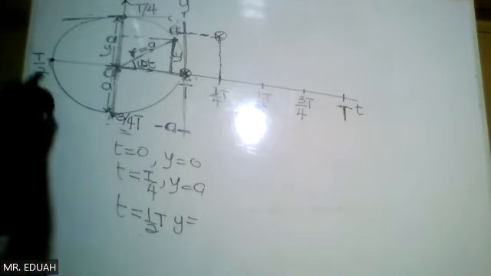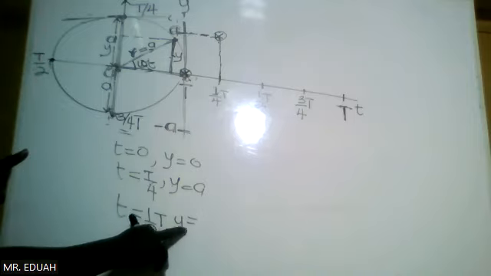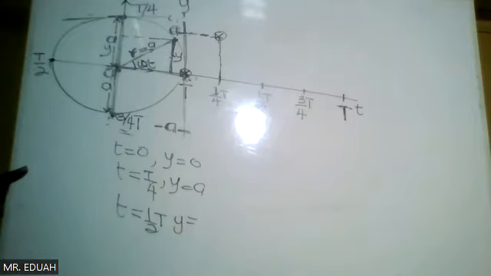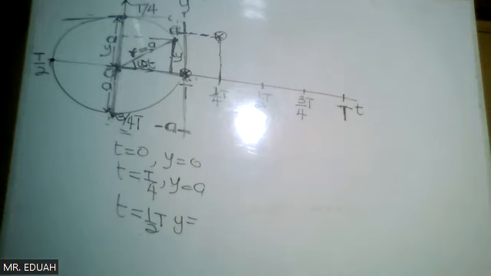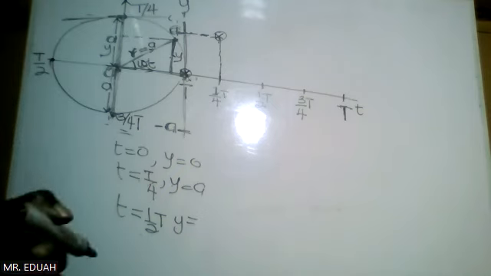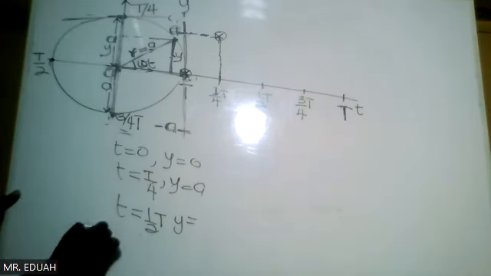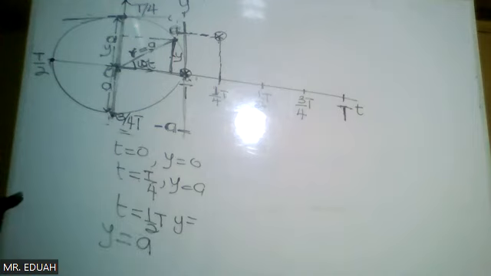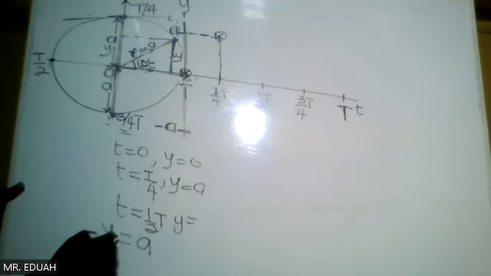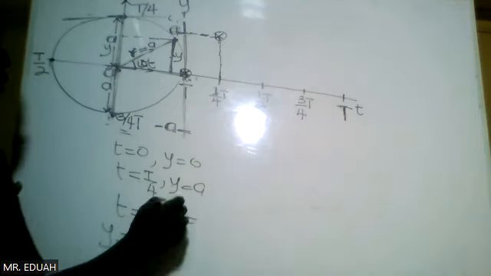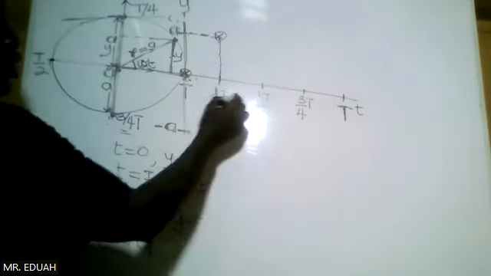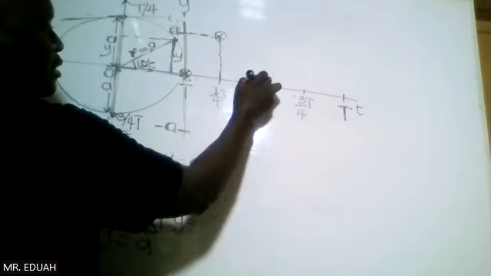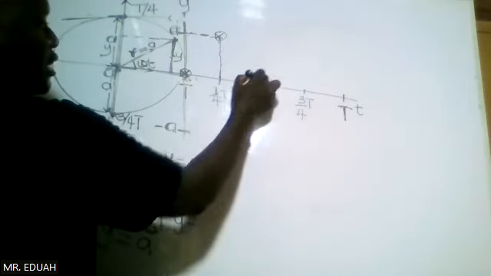It's a sine of 180. I just did this with you. You were not watching. At t is equal to half of the period, y is equal to 0. So we got the displacement to be 0. So at this time, y is 0 here.